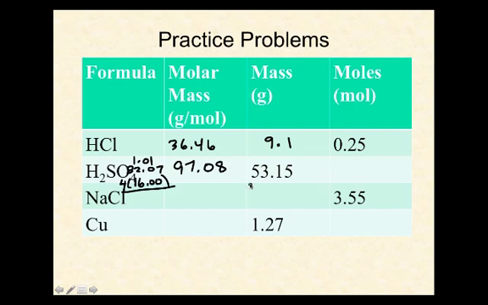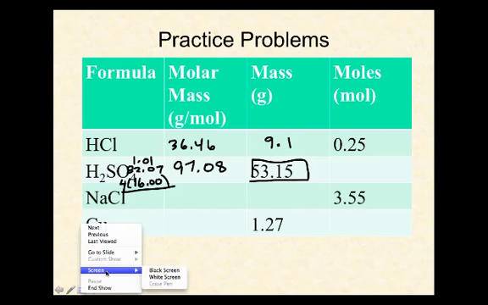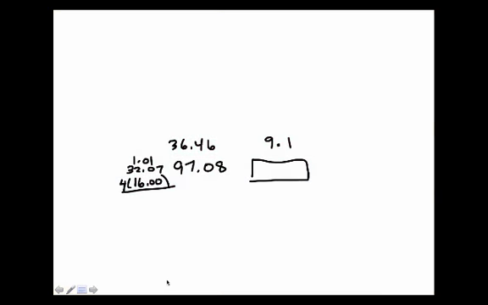0.08 grams per mole. So if we have 97.08 per mole and there's only 53 grams of stuff, then I don't have one whole mole. I have something that's less than 1 mole, right? Well, let's get our blank screen and we'll do the math that it takes to figure this out. Oh dear.